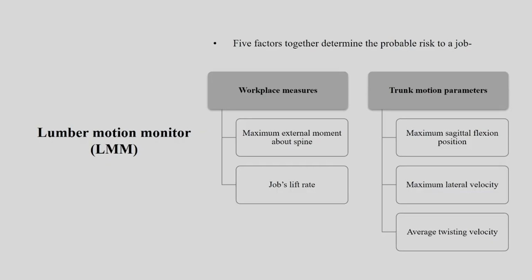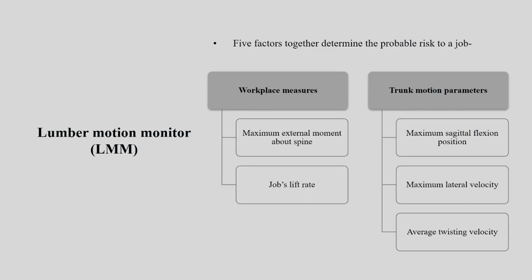Now, 5 factors together determine, when using this LMM, the probable risk of a job. Two are from workplace measures and three are from trunk motion parameters. Under workplace measures, we have the maximum external moment about that particular spine and the job's lift rate.